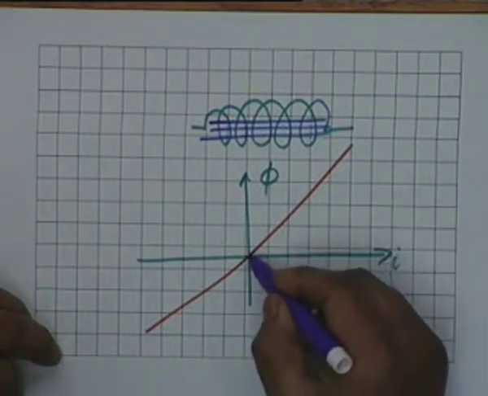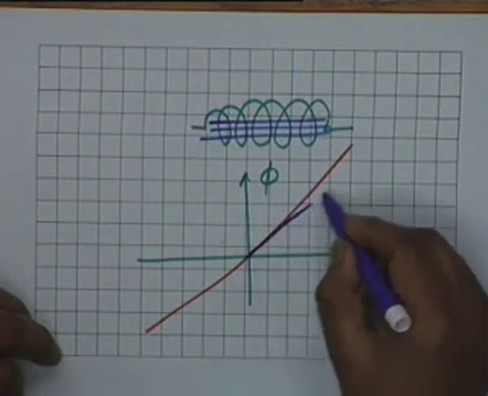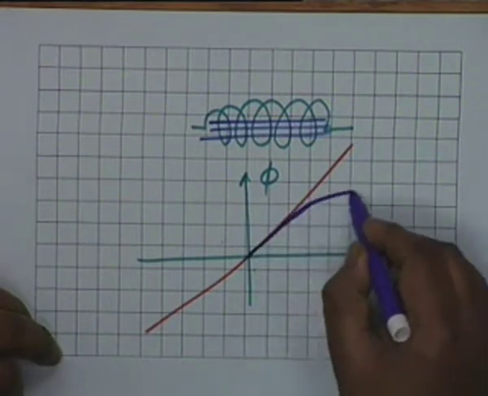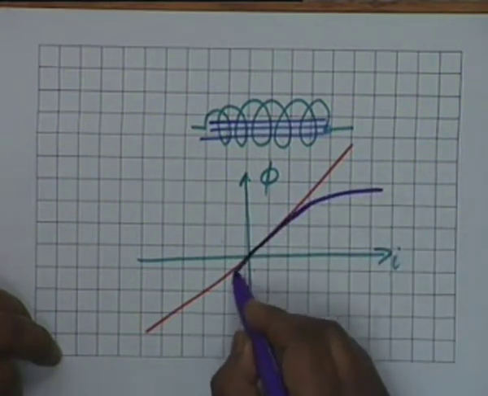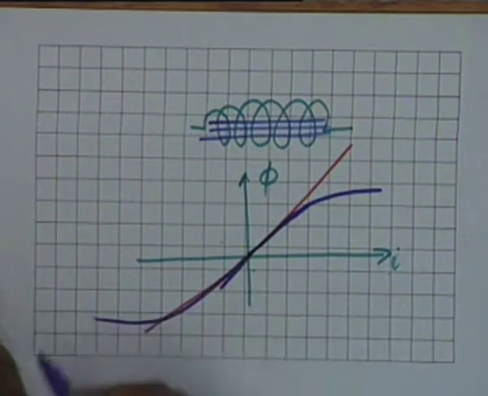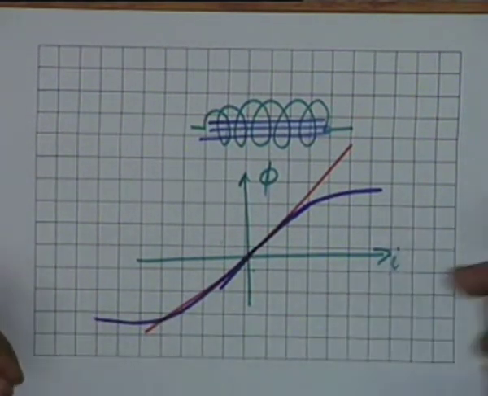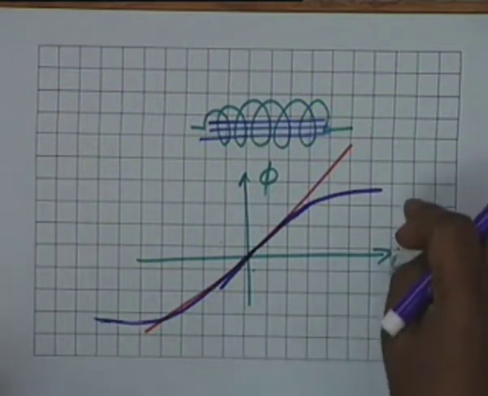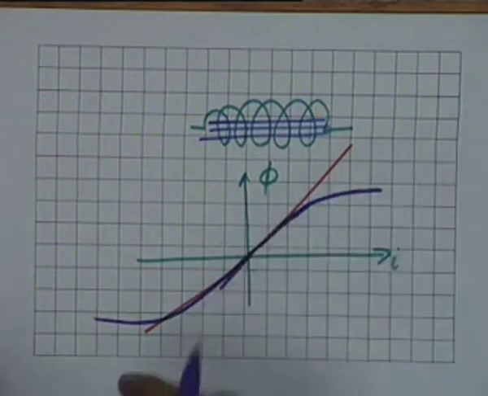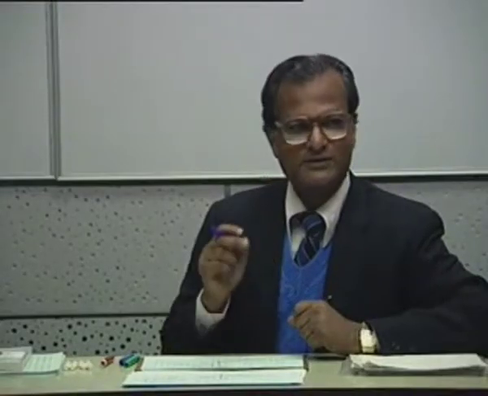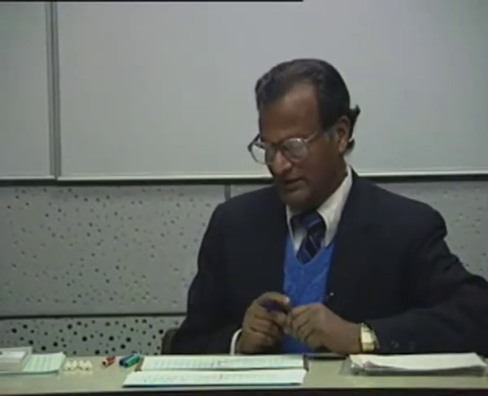That is, what happens is that up to a certain extent, it's linear, and then the flux tends to get saturated. Similarly in the other direction, it tends to get saturated. And you know that if you bring back the current to the previous value, it does not follow the same path, and that's this famous hysteresis phenomenon. All right.